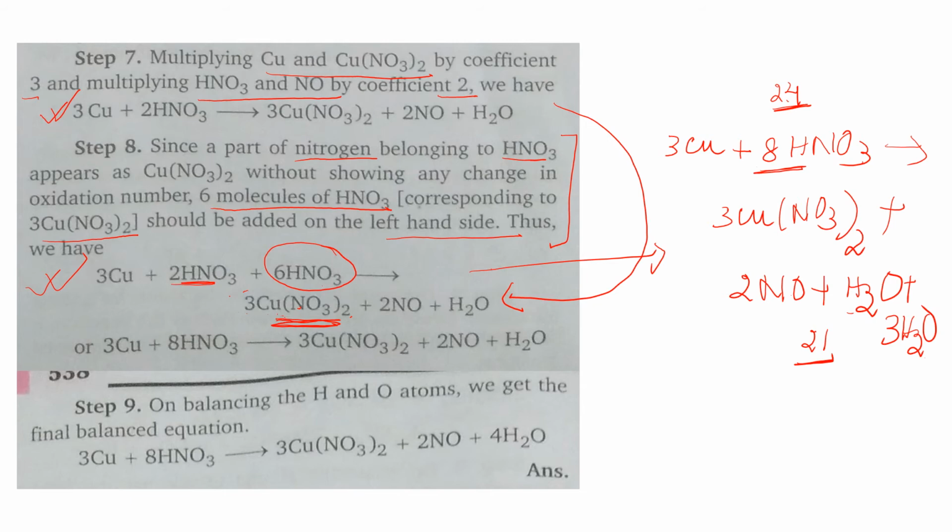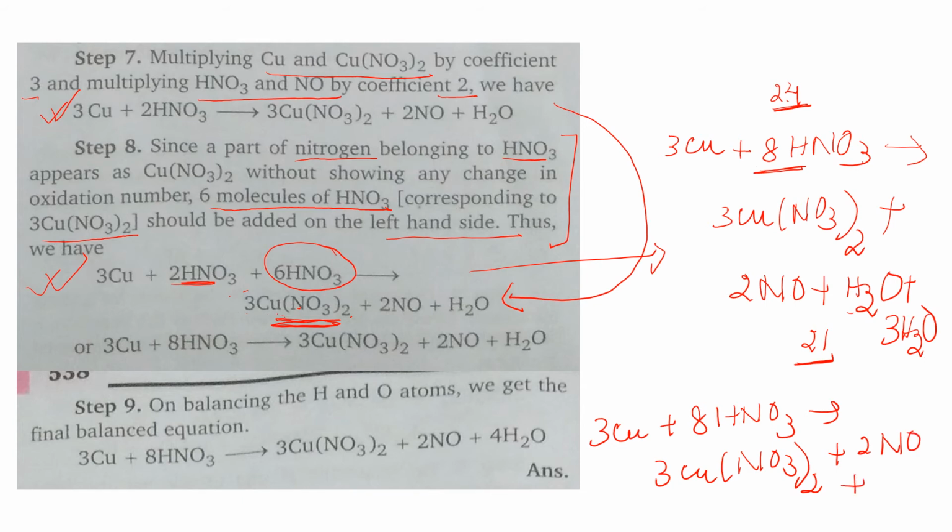After adding 3H2O, we get 3Cu plus 8HNO3 giving 3Cu(NO3)2 plus 2NO plus 3 and 1, 4 H2O. This is my balanced equation.